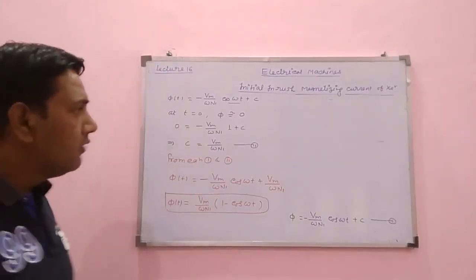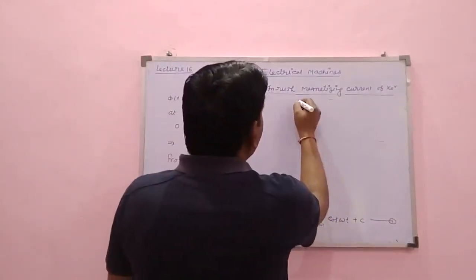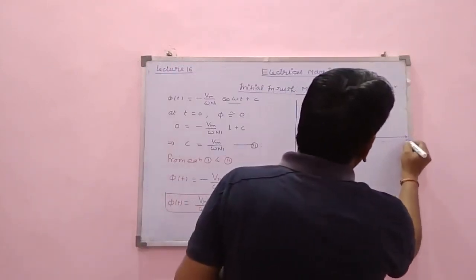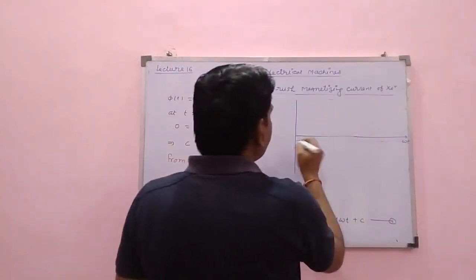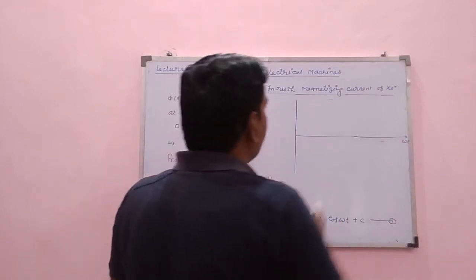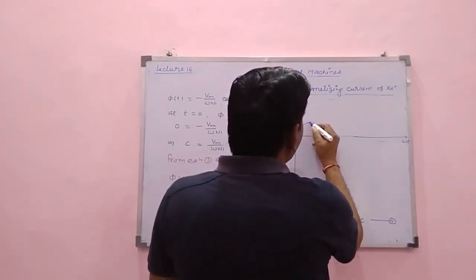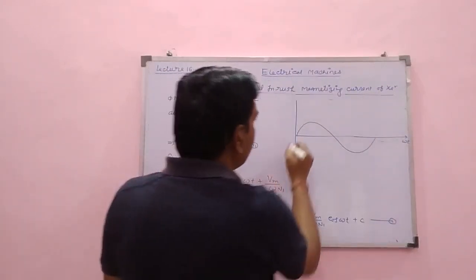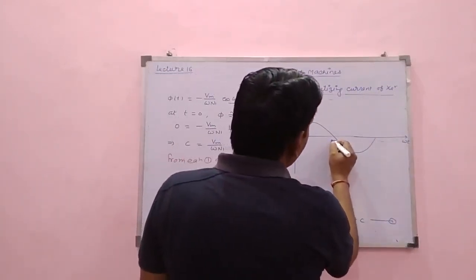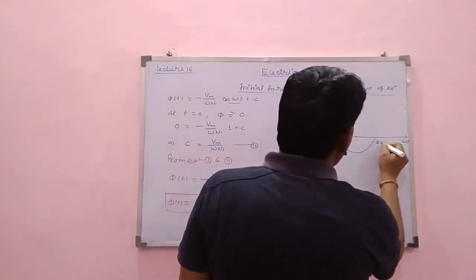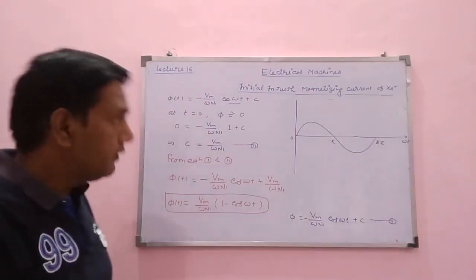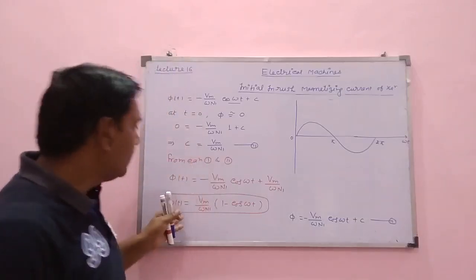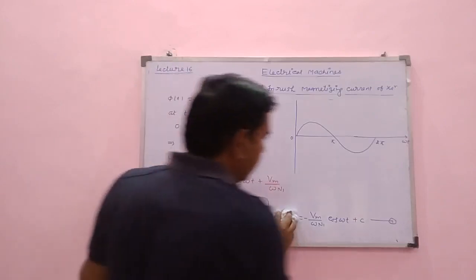Now we have to check the nature of this flux and current. This is omega t. So if this is the supply voltage like that, this is 0, this is pi, and this is 2 pi. Suppose this is supply voltage. So we have to draw this flux waveform.